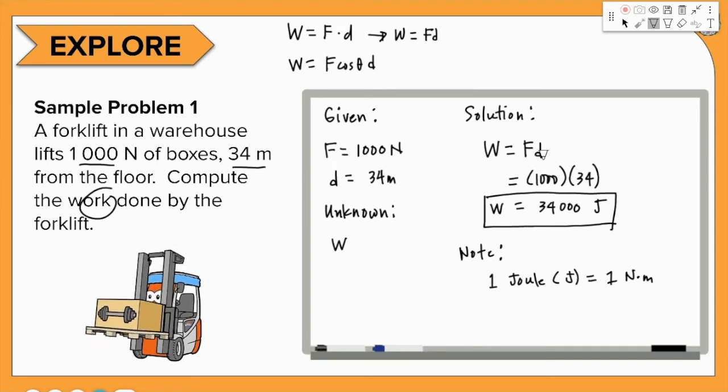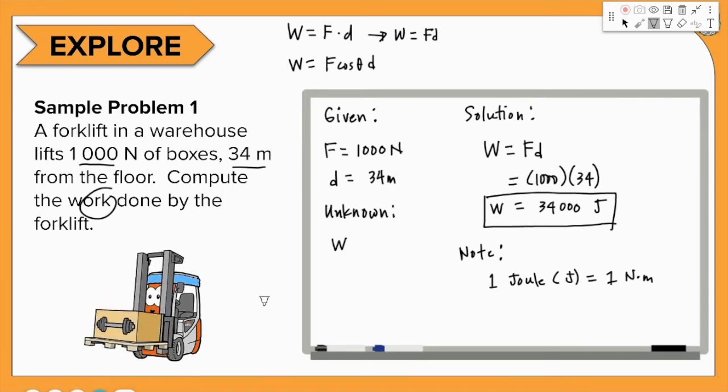When you multiply them together, you get Newton meter, and 1 Newton meter is equal to 1 joule. Hence, the unit for work is the joule. Okay, I hope this is clear. So again, you can pause the video at any time if you want to have more time to think about the solution.